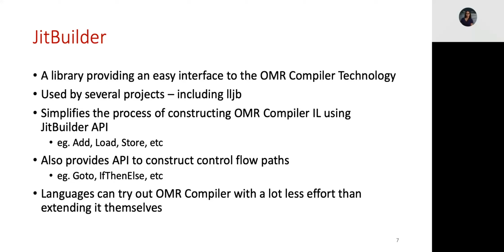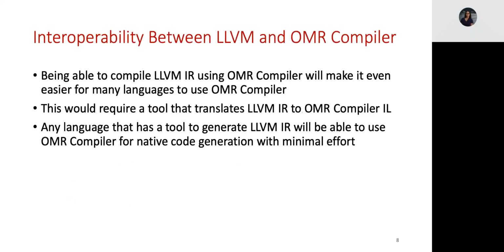Having a tool like JitBuilder makes it easier for languages to make use of the OMR compiler with a lot less effort than extending the OMR compiler themselves. So now, what if we had a way to compile LLVM IR using the OMR compiler? That will make it a lot easier for many languages to try out the OMR compiler.